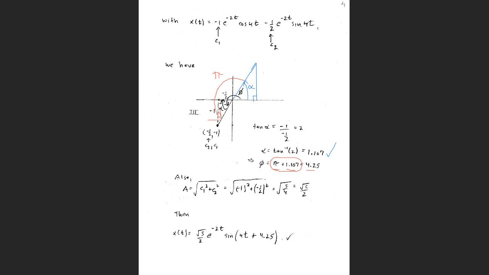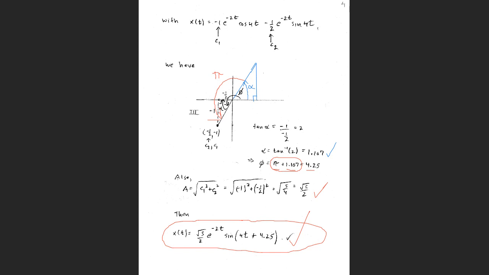Yeah. So, okay, all right. Of course, the amplitude is going to be square root of 5 over 2, and then we get it in this form. The reason I get it in this form, now I won't always have to. For instance, in some of your homework problems, the position function that we had previously was a linear combination of e to the negative 2t sine of 4t and e to the negative 2t cosine of 4t.